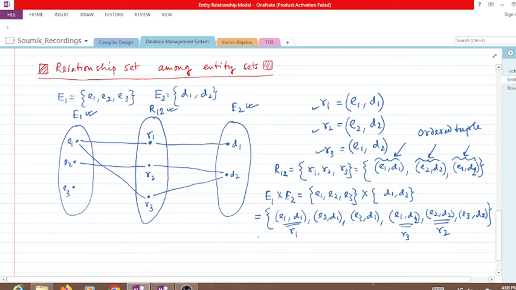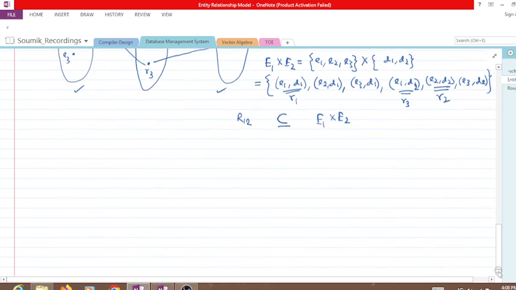That is, we can say that R12 is a subset of the Cartesian product of E1 and E2. So we can say that a relationship R between entity sets E1 and E2 is basically a subset of the Cartesian product of E1 and E2.